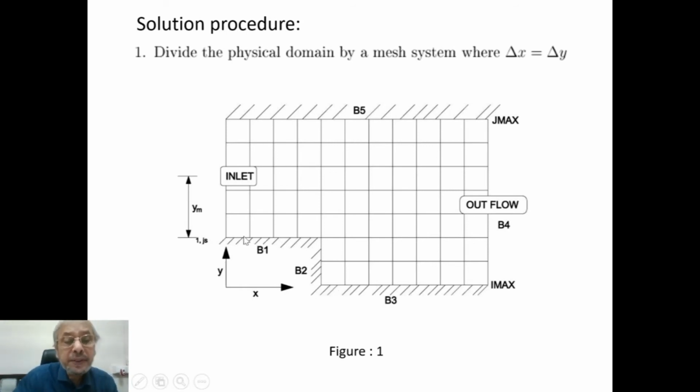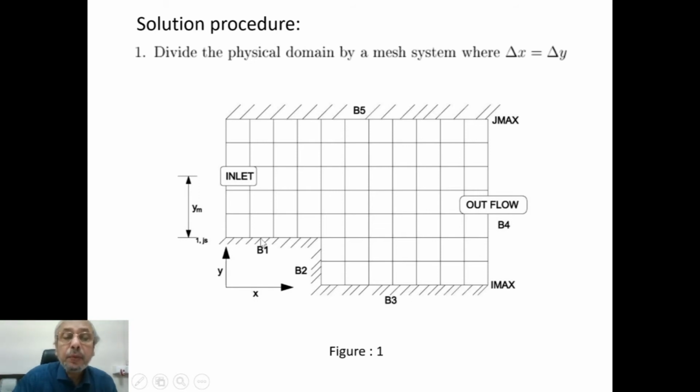Now, very straightforward, at all these nodal points, u is 0, v is 0. That is a perfect representation of the no slip boundary condition and impervious boundary condition.